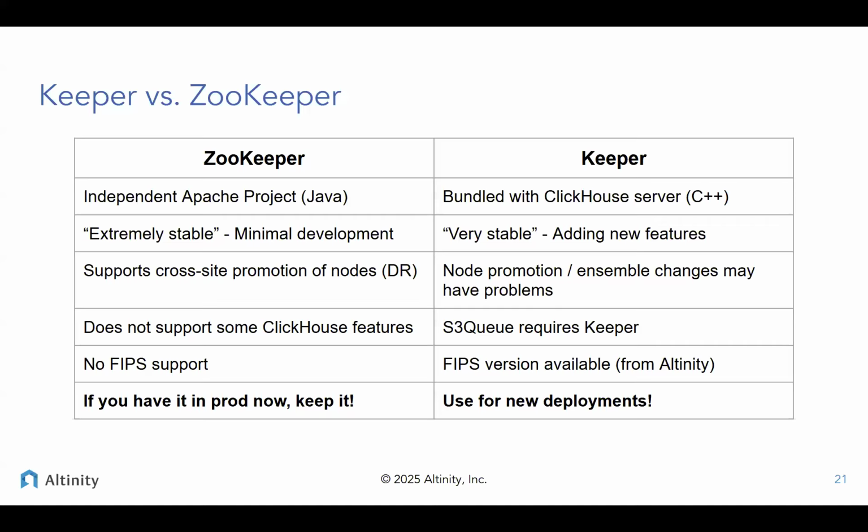We maintain ClickHouse Keeper, as can the core ClickHouse team, so we can fix it. And there are increasingly, or I should say slowly, features being added to ClickHouse, like the S3Queue engine, which depend on new features that are only in Keeper. So this is a reason why you would want to shift to Keeper, or certainly use it for new systems, because over time it will become the preferred solution.